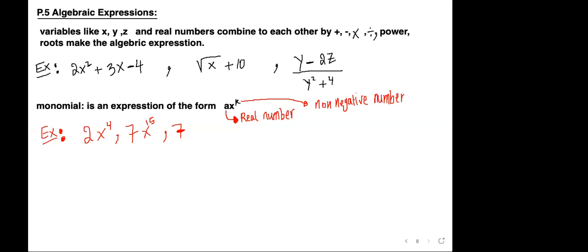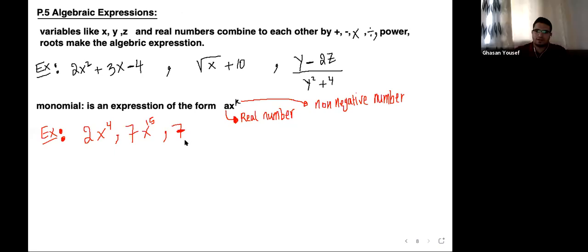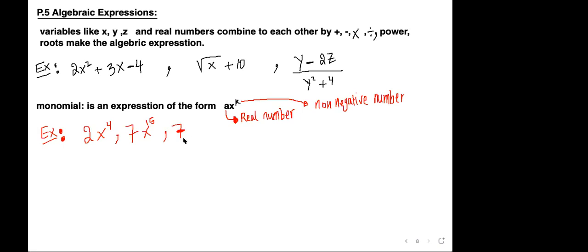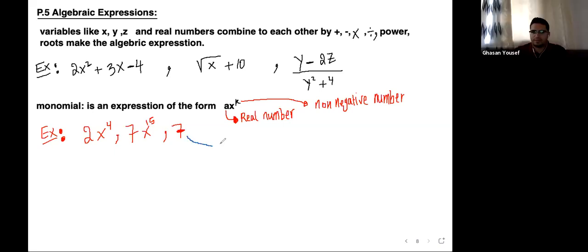Actually, any number by itself is a monomial. The answer is yes. Why? Because I can write 7 in the form a times x to the power k.